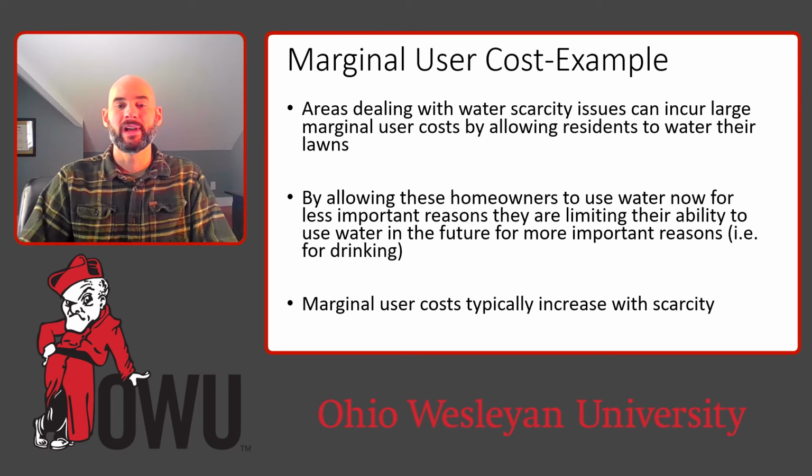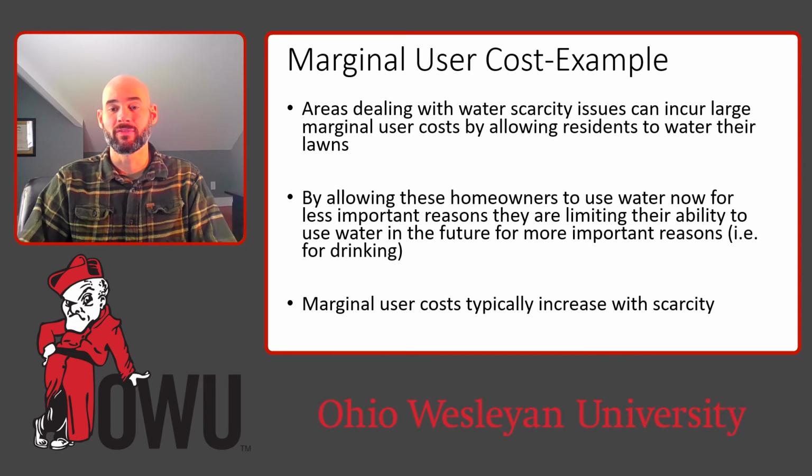And so the marginal user cost then is going to be higher if we allow for residents to use water for these more intensive purposes, but it's going to increase even more as that water becomes more scarce.